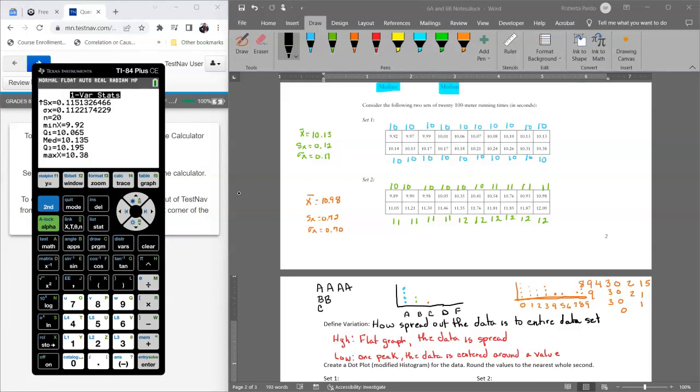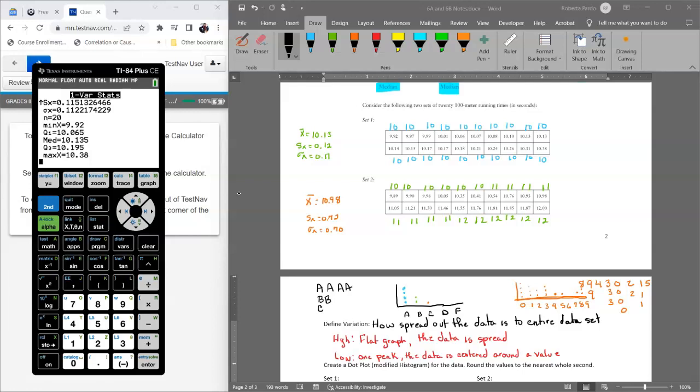We have higher variation with the larger number. In other words, it's kind of like the margin of error. There's more plus or minus, if you want to call it wiggle room, in set 2's data versus set 1's data.